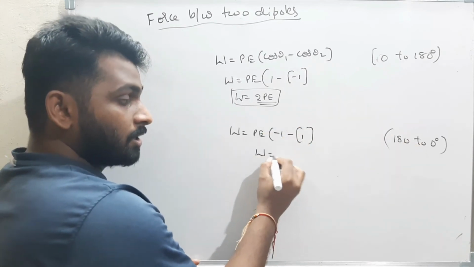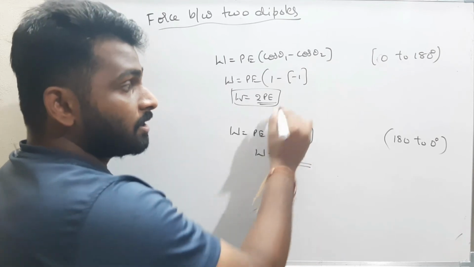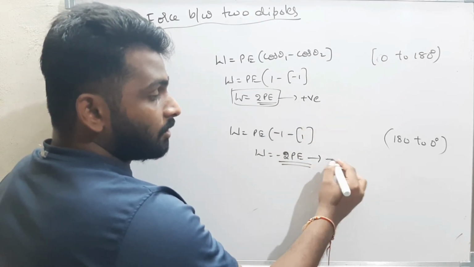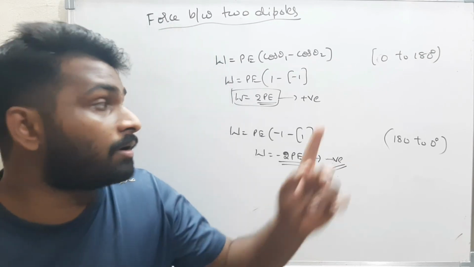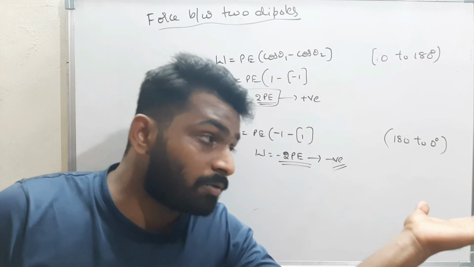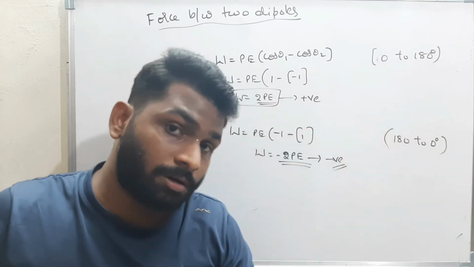Therefore, work done is minus 2PE. That means here the work done is positive, here the work done is negative. What is the meaning? The positive work done denotes that I have done the work. To rotate the dipole from 0 degrees to 180 degrees, I have to do the work.